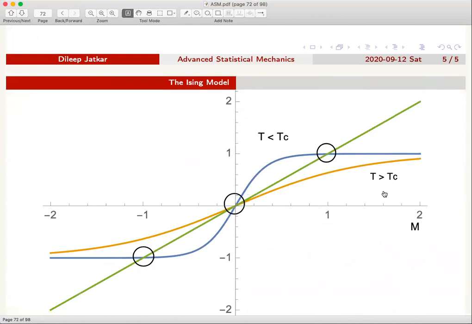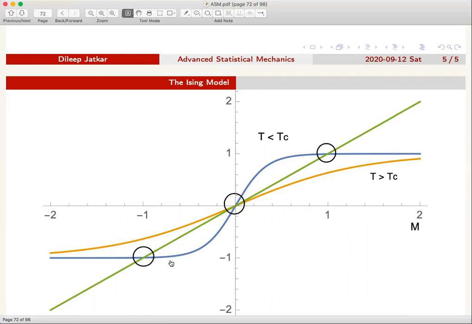And we found that when T was greater than Tc, there was only crossing at m equals 0, which means there is no magnetization. But when T was less than Tc, it had 3 crossings, of which m equals 0 was a point which was unstable, whereas m not equal to 0 were stable points.